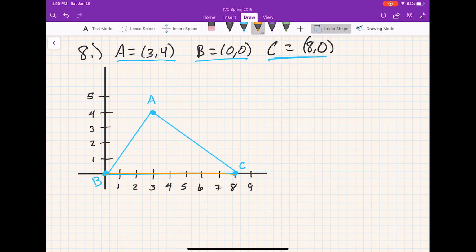I've learned my lesson. That's taken way too much time. So we're going to find the midpoint between B and C, which I've marked here in orange.